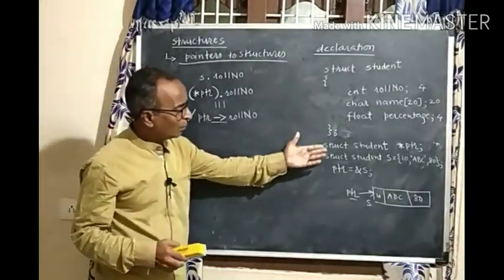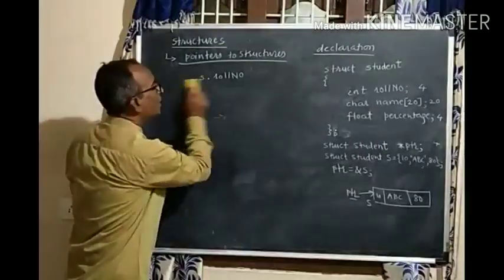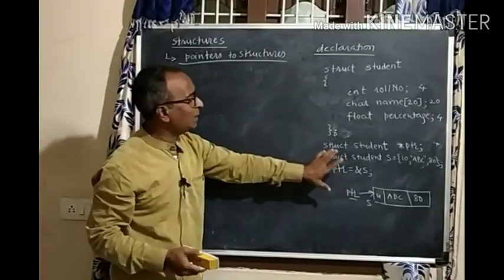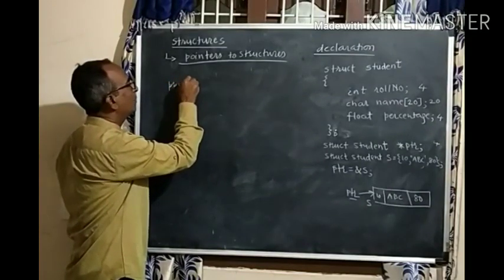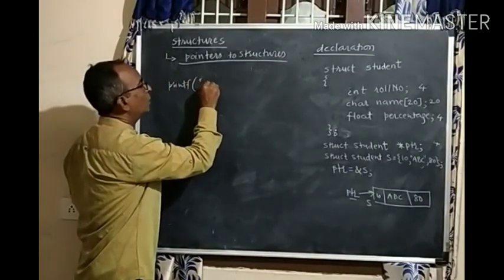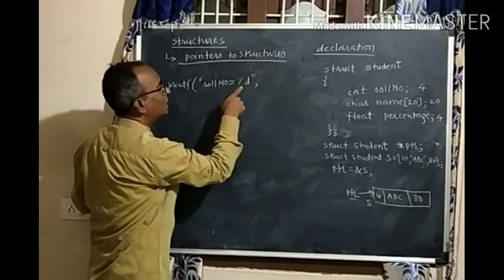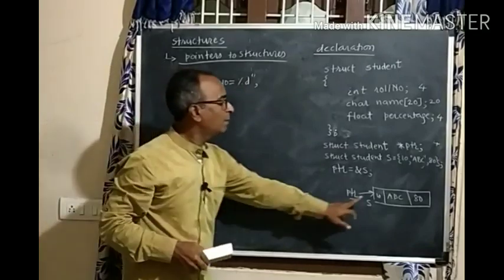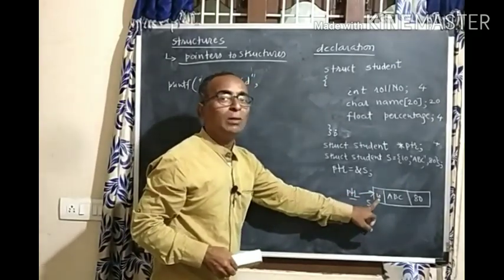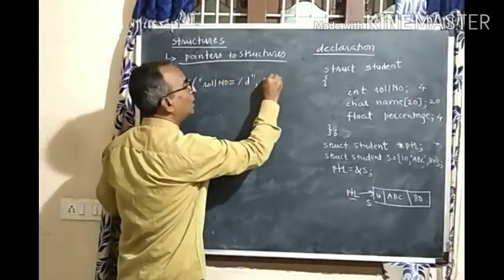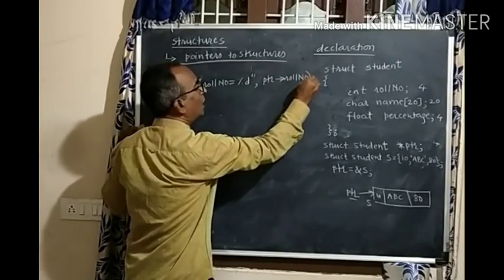Now I will show, through the pointer variable, how to print the values. We have initialized this structure. How to print the values? See, printf. I want to print the roll number: roll number of a student is %d. At this %d place, I want to print this 10. How to access it through the pointer? ptr's roll number field. Now see, I have used this arrow operator.